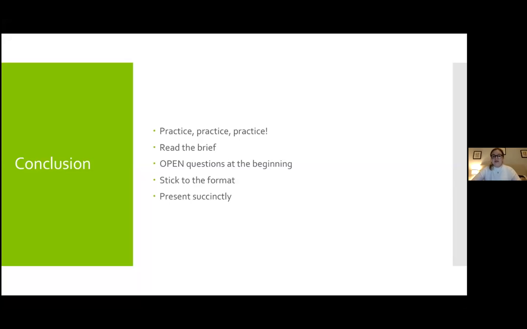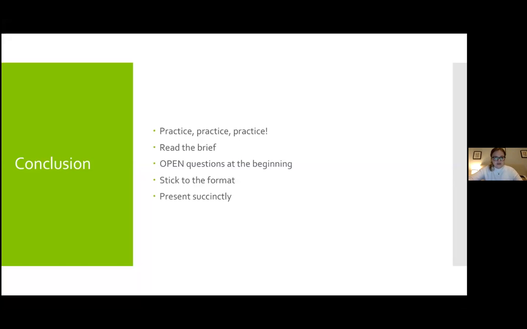Because there will be separate components on the mark sheet that include all of those. Make sure you ask open questions at the beginning, but then don't be afraid to go into closed questions once you've done that, to try and get through the history in a succinct amount of time. Stick to the format we've gone through today, and present it succinctly.